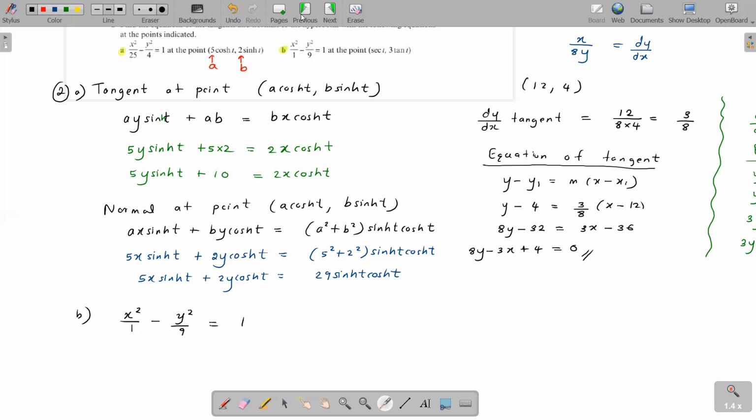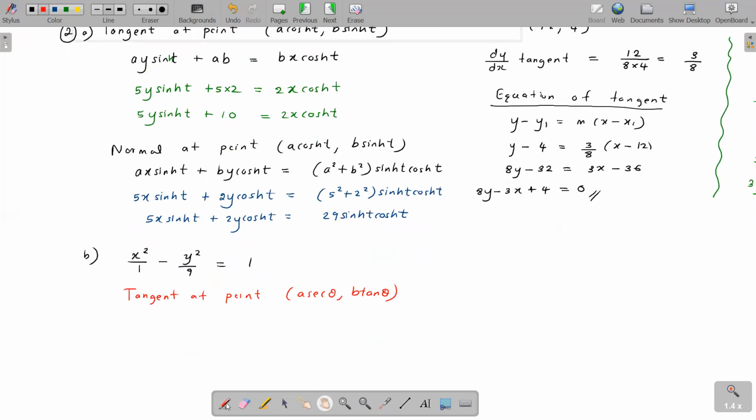So what was the equation of the tangent at point A sec theta, B tan theta? Again, what is it? AB equals BX sec theta.